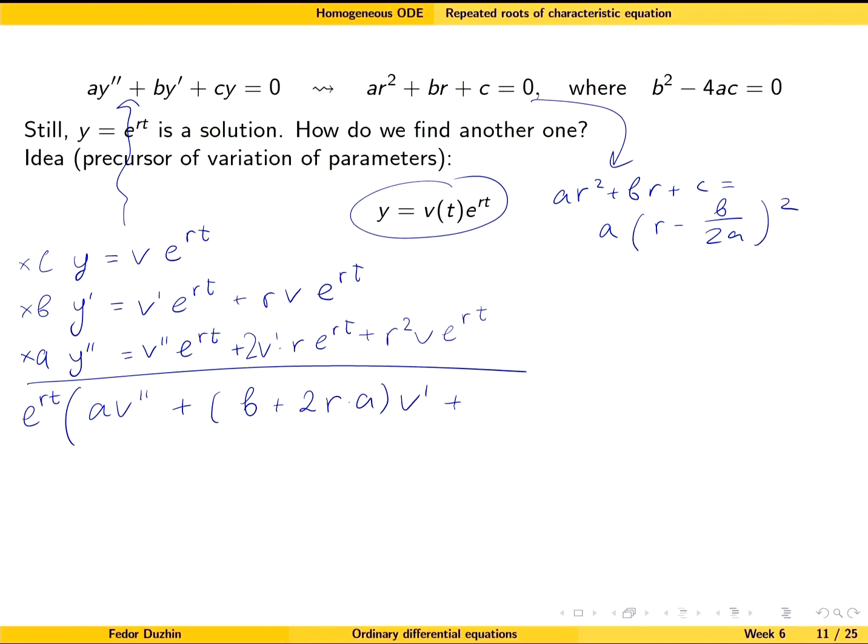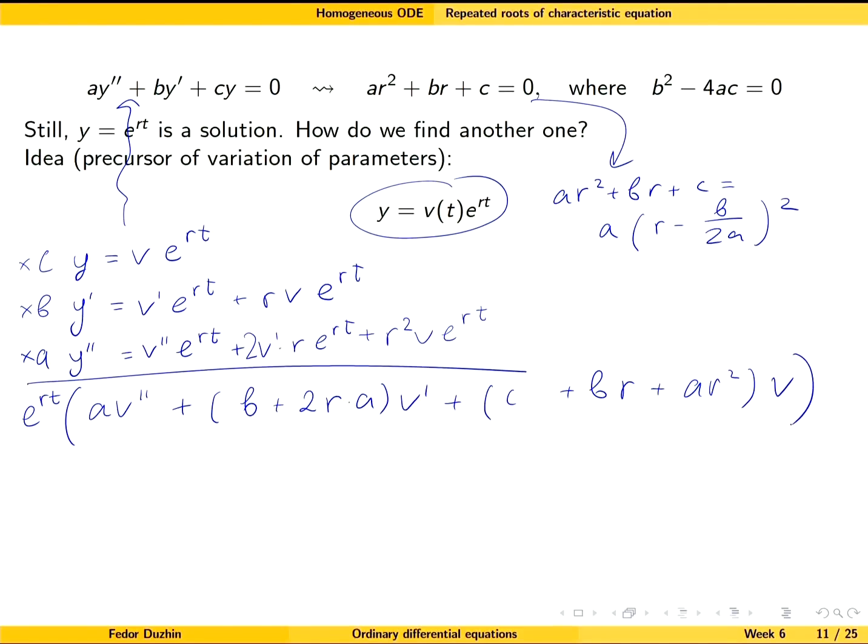Okay, so how many terms with v do we have? With v we have c from y, plus b r from y prime, plus a r squared from y double prime, so it is c plus b r plus a r squared, times v.